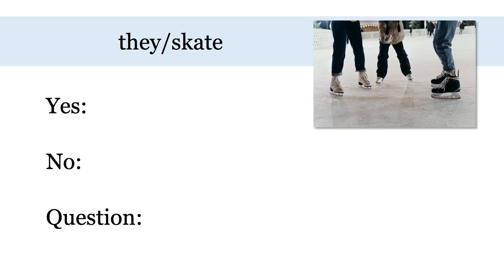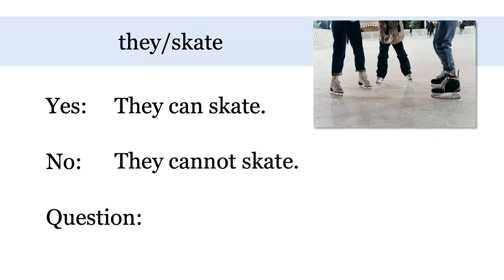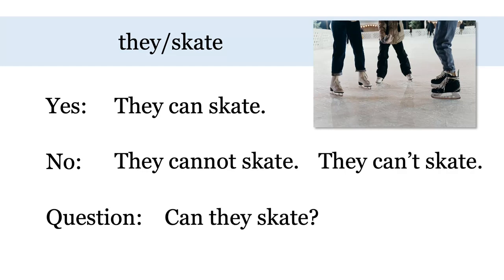Okay, you try. You have the subject they and you have the verb skate. Let's say yes, no, and the question. Yes, they can skate. No, they cannot skate, or they can't skate. And the question? Can they skate?